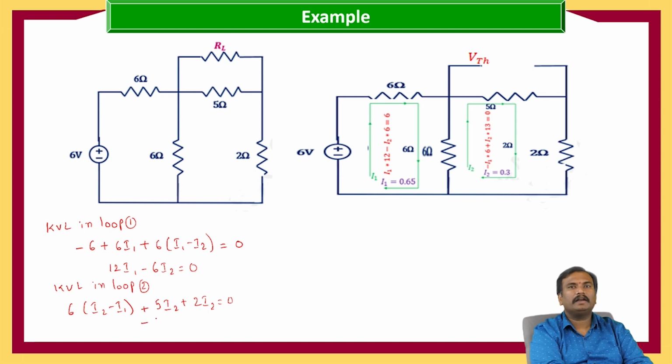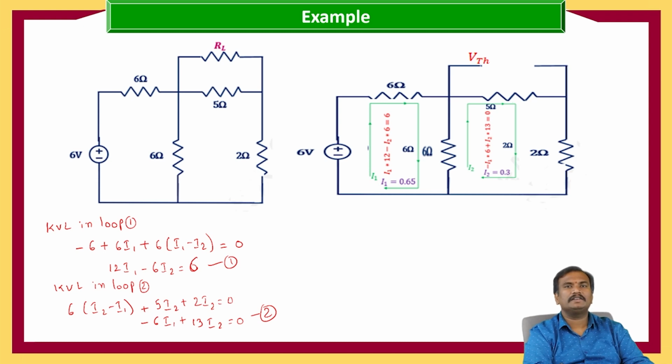So that is minus 6 I1 plus 6 plus 5, 11 plus 2, 13 I2 is equal to 0. Sorry, this is equal to 6. So we got two equations and two unknowns. We are going to calculate by solving equations 1 and 2.